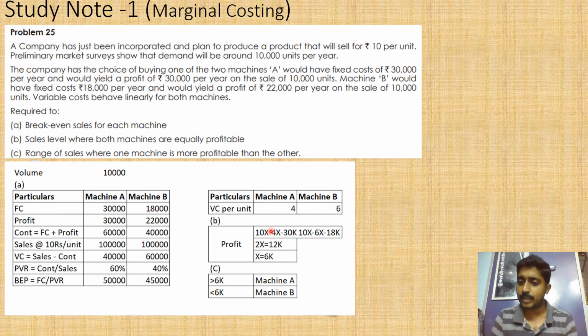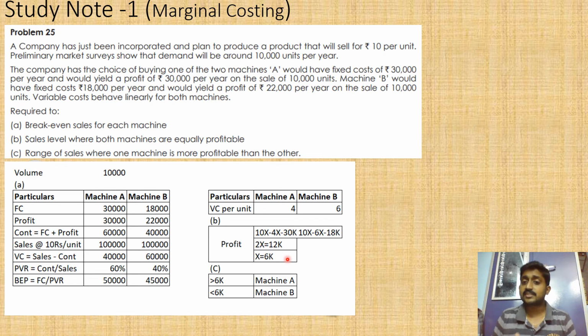So sales minus variable cost minus fixed cost is equal for both machine A and machine B at what quantity, and the quantity I am considering as X. So 4X is the variable cost for machine A, 6X is the variable cost for machine B, and 30,000 is the fixed cost for machine A, and 18,000 is the fixed cost for machine B. So profit of machine A equals profit of machine B. If you solve this equation, you will find X is equal to 6,000, which means at 6,000 the profit from machine A and machine B will be the same, so the decision is equitable.